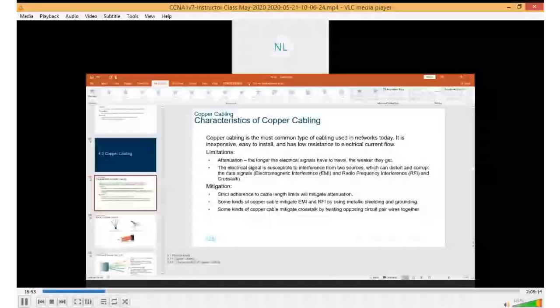Another limitation of copper includes electromagnetic interference or radio frequency interference, and crosstalk. This means an unwanted signal is interfering with your traffic. Let's say the cable says it can connect 100 feet, and you also connect up to 100 feet, but other signals outside the cable are affecting your cable signal.